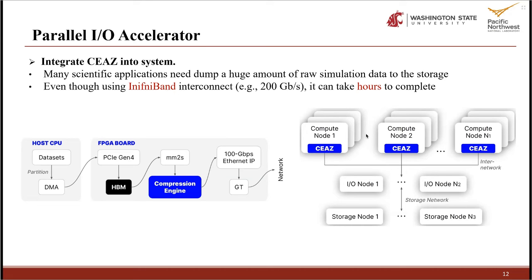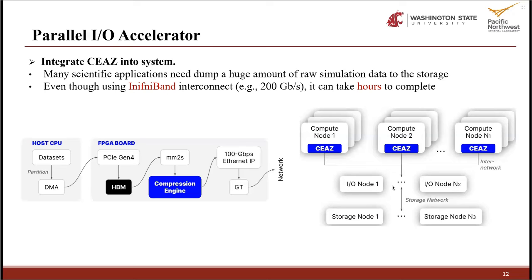We also propose to apply CEAZ to future HPC systems as shown in the figure, especially with CEAZ directly integrated into the FPGA-based SmartNIC. So each computing node is used to compress the raw data before transmitting it to storage via the interconnection network.